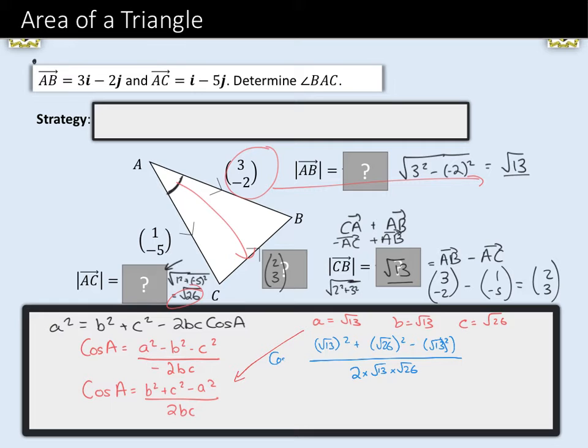And that's going to give me the cosine of the angle A. So you could literally type that into your calculator, or you could work it out bit by bit. So what we'll be left with then is the cosine of A is equal to, and it gives me root 2 over 2. Therefore, A is going to be equal to arcsine of root 2 over 2.